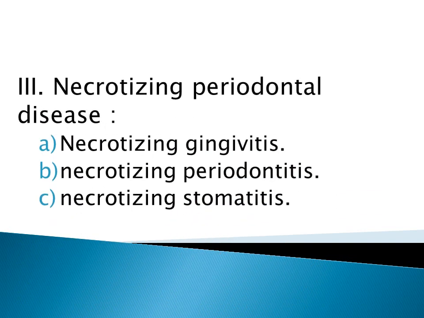The third type of periodontitis in the classification system of 2017 was necrotizing periodontal disease, including necrotizing gingivitis, necrotizing periodontitis, and necrotizing stomatitis.